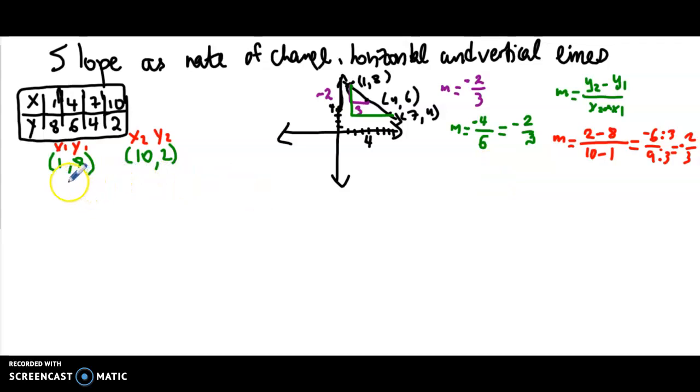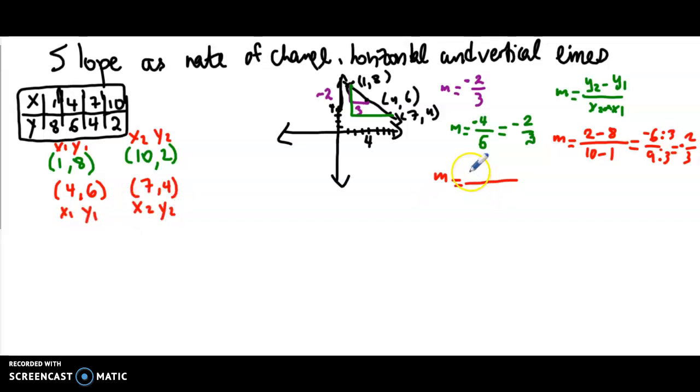So let's say you want to use 2 other pairs from the same table. I'm going to use the middle 2 points, (4, 6) and (7, 4). Now common sense is telling you that we should be getting the same answer again. So let's see. I'm going to label them again, x1, y1, x2, y2.